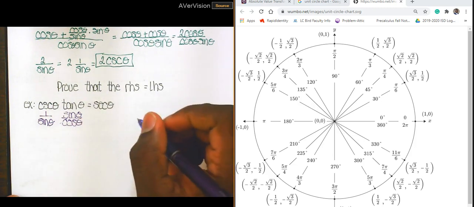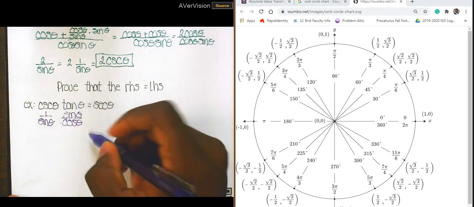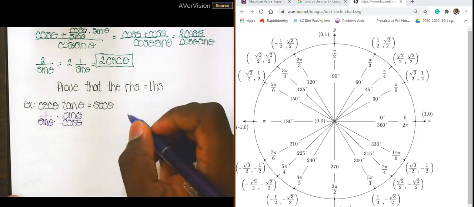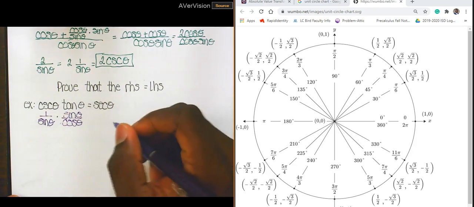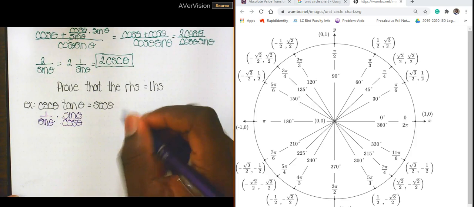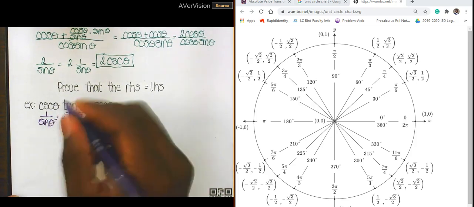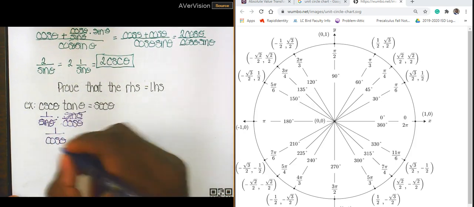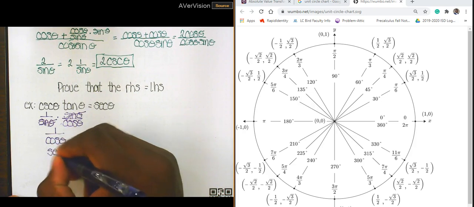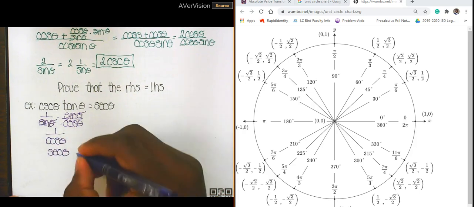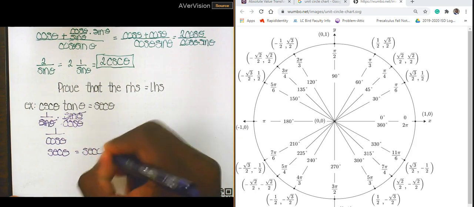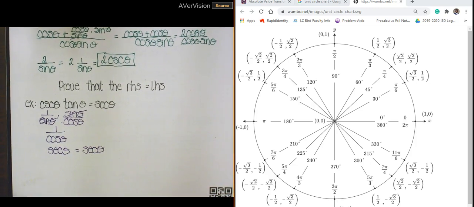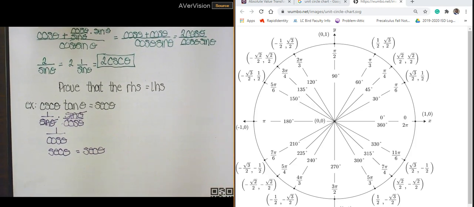So we have 1 over sine times sine over cosine. Again, when we do this, we only pick one side to change.